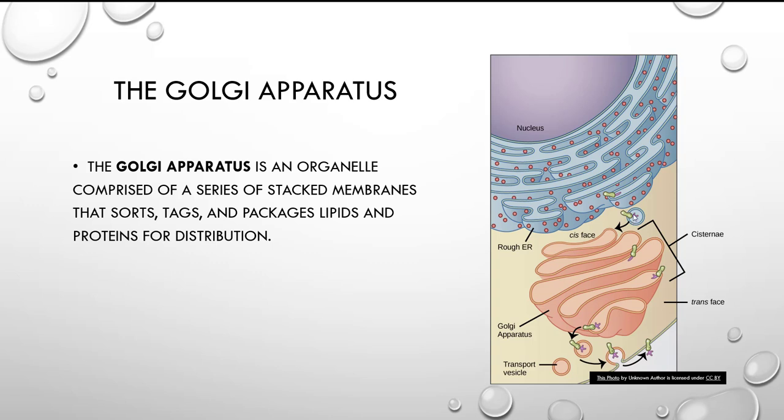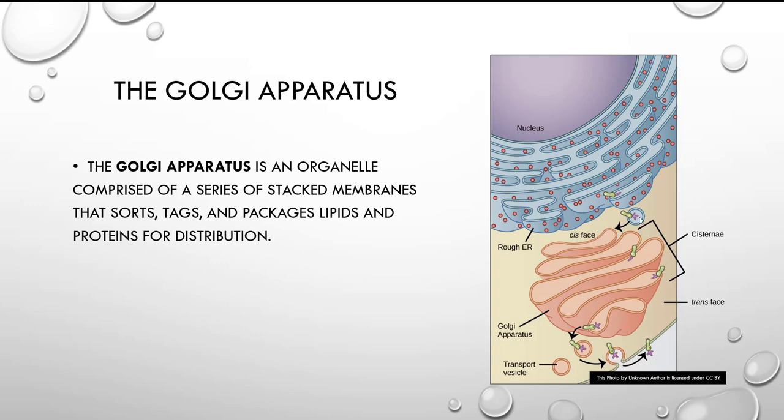So this little vesicle will merge with the cis face of the Golgi apparatus, and the contents of the vesicle will then get sorted, tagged, and packaged up. So it goes through the Golgi apparatus where it gets modified, it gets added on to, and gets little receptors added to it. Tagged so that when it leaves the cell, the finished product can be delivered to where it needs to go.